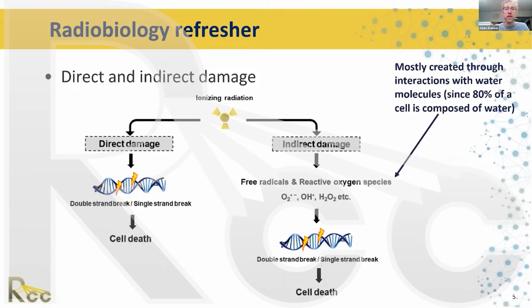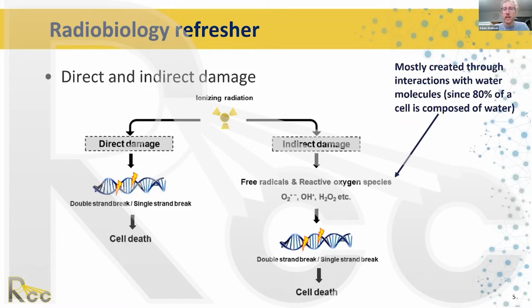So photons come in, they ionize and energize electrons, and those are what cause the dose and all the damage to tissues. So this is what we're really talking about. Photons come in, they're ionizing electrons, and those electrons are then creating damage to the cell. And that damage comes in 2 different ways, direct damage or indirect damage.